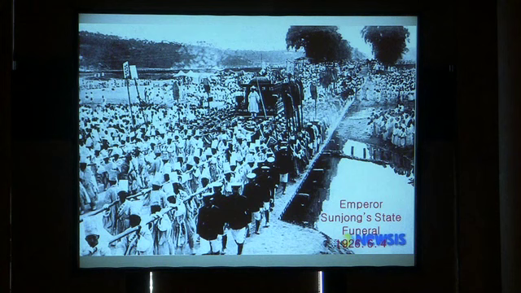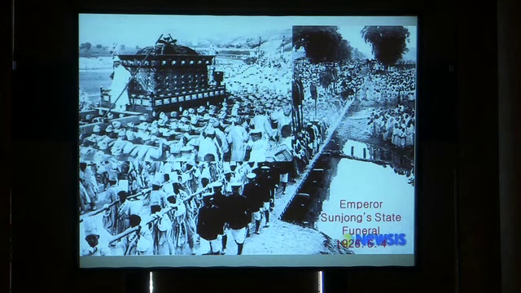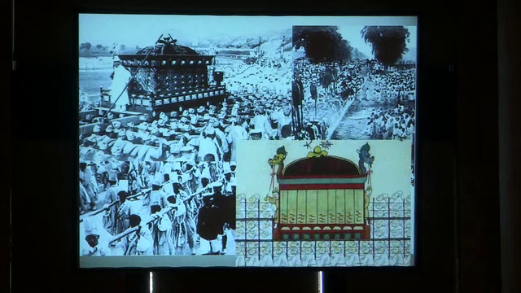And I took this from a news cut showing Emperor Sunjong's state funeral in 1926. So the huge palanquin carrying the casket is shown like that, very similar to that shown in painting.